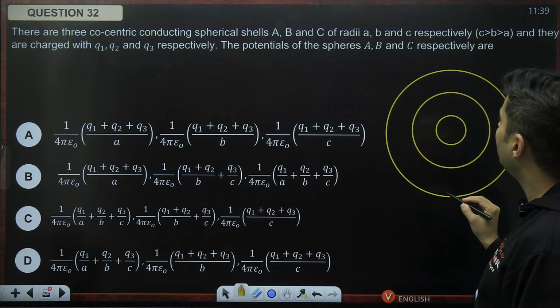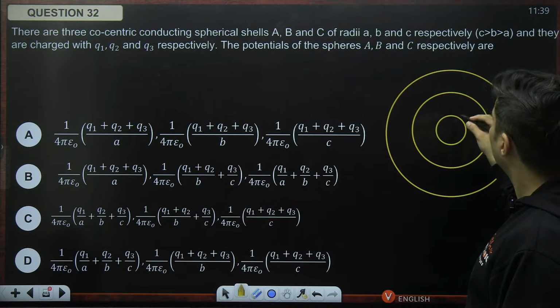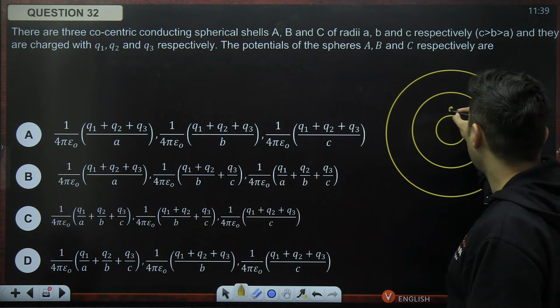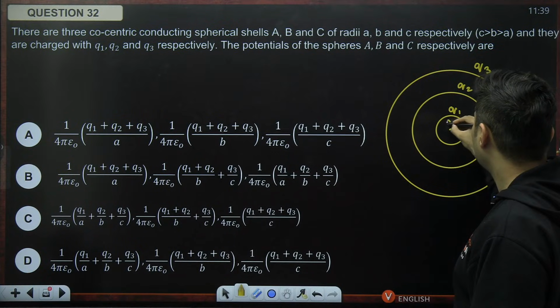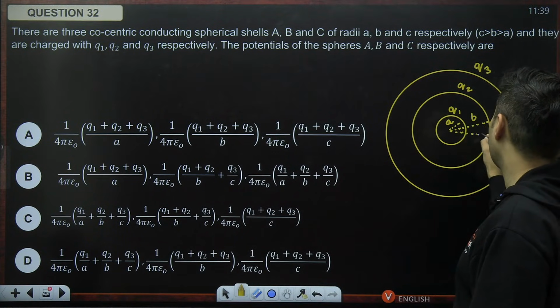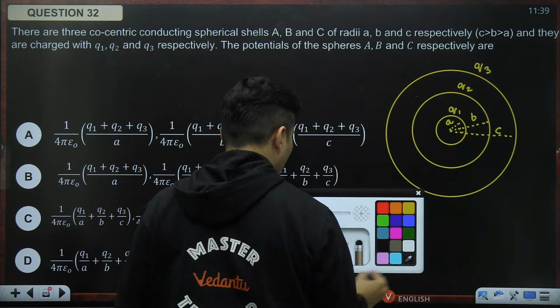A, B and C, radius A, B and C, C is the largest. Okay, Q1, Q2, Q3. This is A, this is B, this is C. Okay, so how do we do this question?